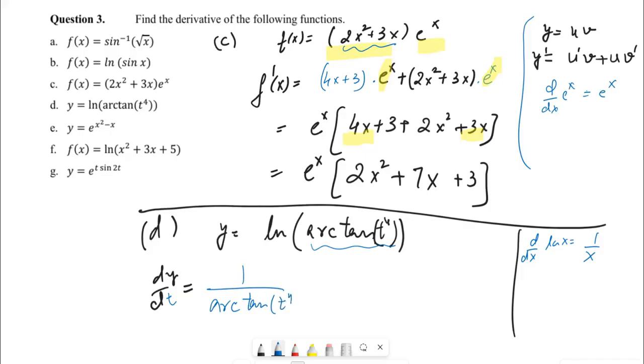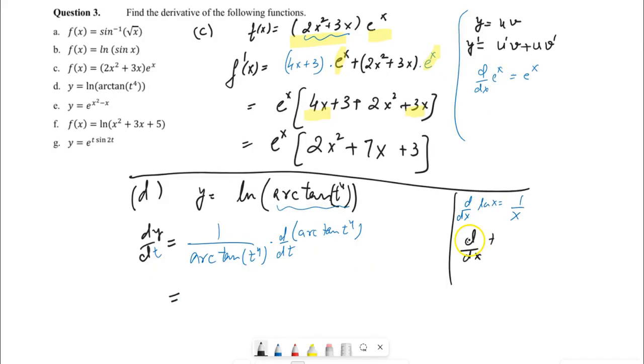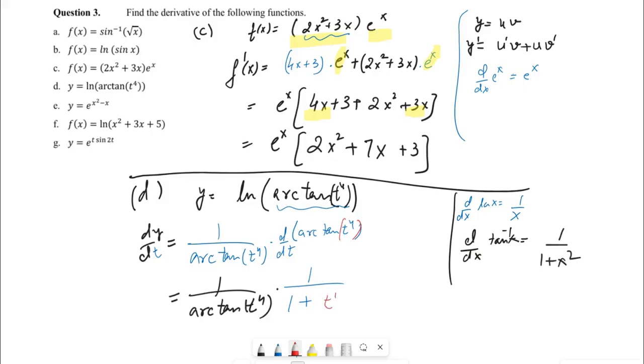arctan of t to the 4 times the derivative of arctan of t to the 4. The derivative of arctan or tan inverse x is 1 by 1 plus x squared. That's the formula. So here, times the derivative of arctan, this is 1 by 1 plus what is inside, t to the 4 squared, times the derivative of t to the 4, because inside there is still a function, right?